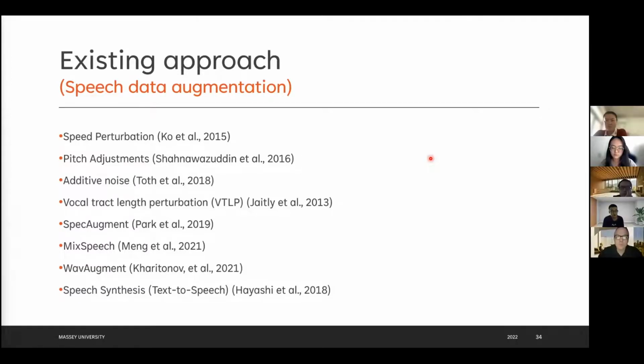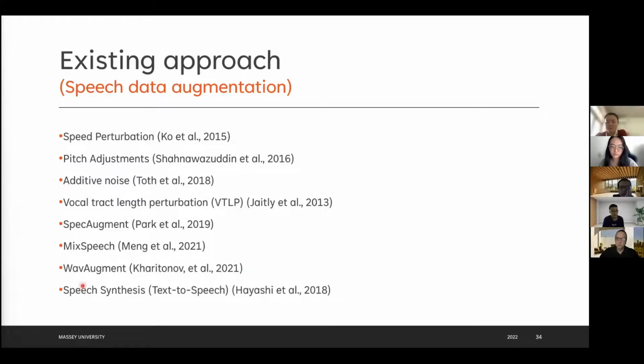SpecAugment was proposed to mask the Mel spectrogram along the time and frequency axes and achieves good improvement in speech recognition. And very recently, mixed speech has been proposed. Mixed speech uses two different types of features, for example, MFCCs and Mel spectrograms together, to make more examples of the data so that we can alleviate the problem of overfitting and increase the accuracy of the model.